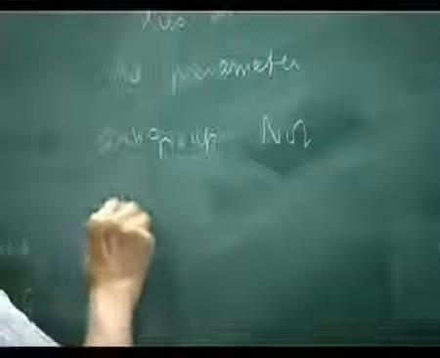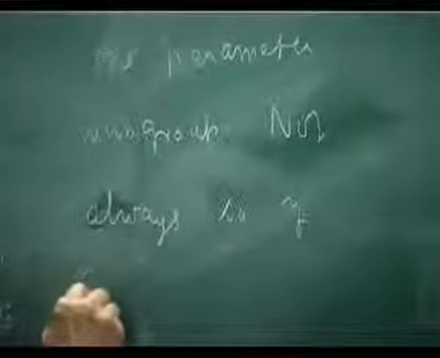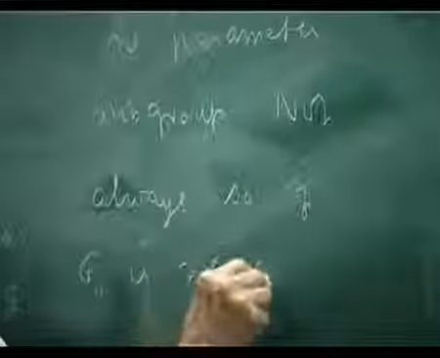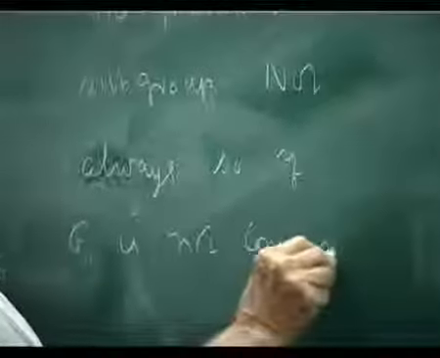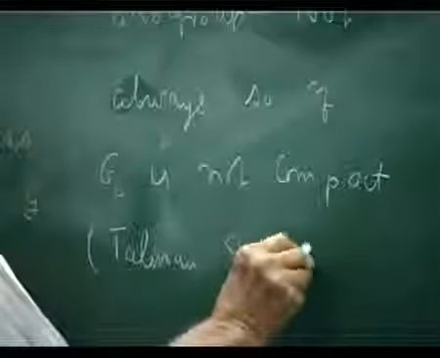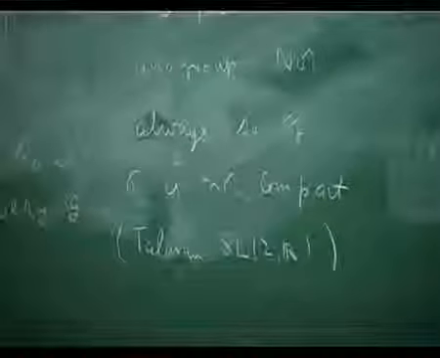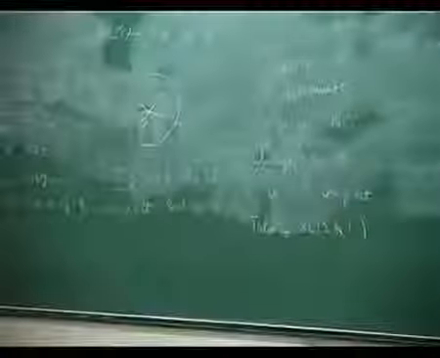Not always so if G0 is not compact. Thalmann gives an example from SL2R, the two-dimensional Lorentz group, 2 space plus 1 time. Thalmann's book gives an example due to Wigner of an element in SL2R which cannot be written as an exponential.